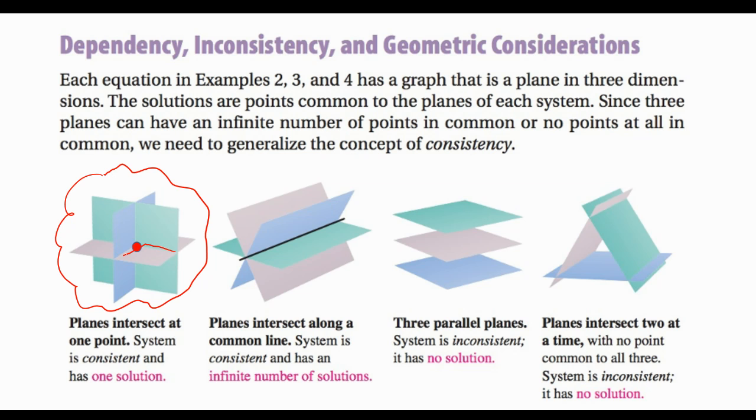When those planes intersect, they intersect at one point, and we're going to be finding that point today. It's going to be X, Y, and then the Z coordinate. You could also have planes that intersect at a common line, or 3 parallel planes that never intersect, or planes that intersect 2 at a time. Like I said, we're going to be dealing with the one where all 3 intersect at one common point.